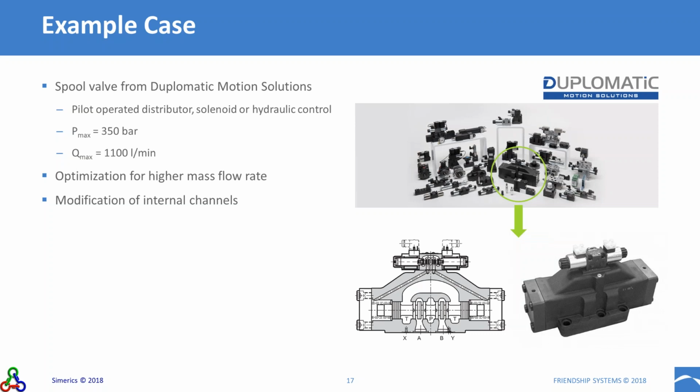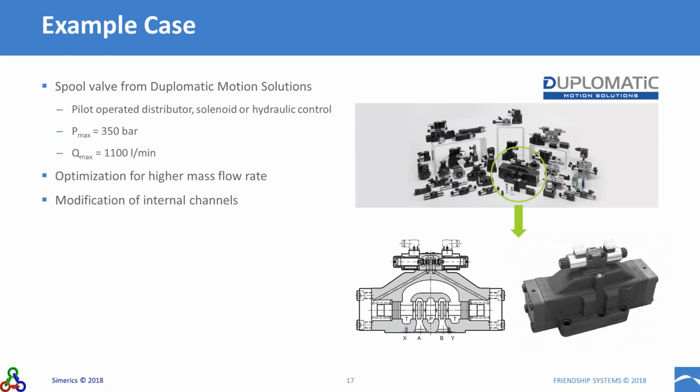You can see some pictures here on the right. As you can see in this overview picture at the top, it's one of the larger valves in the product portfolio. You can also see some cut views at the bottom that give you an idea of what we're working with here.